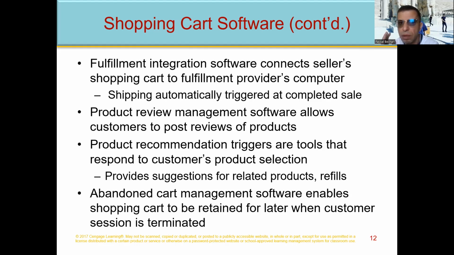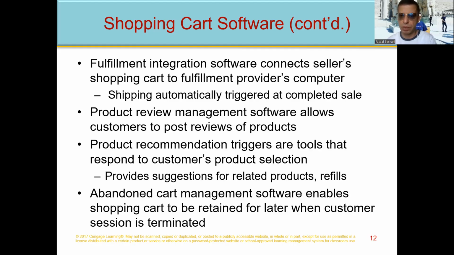Once you do shopping, we have fulfillment integration software, which connects the seller's shopping cart to the fulfillment provider's computers. Shipping is automatically triggered at the completed sale. So you see the address.